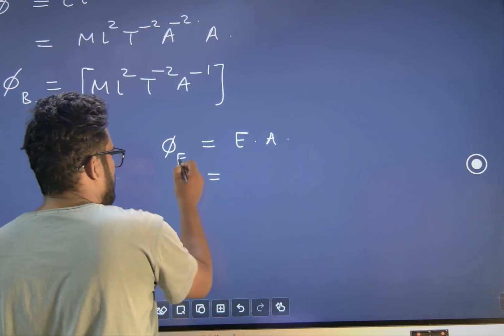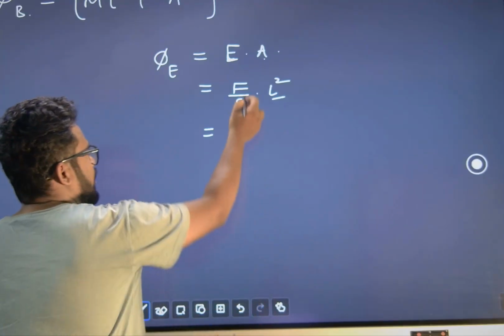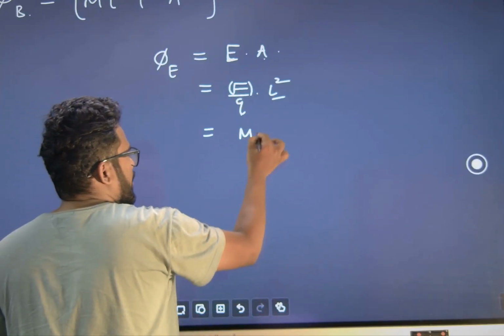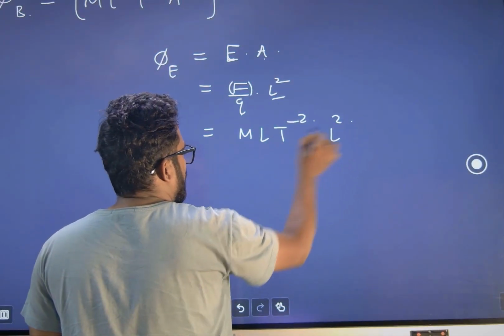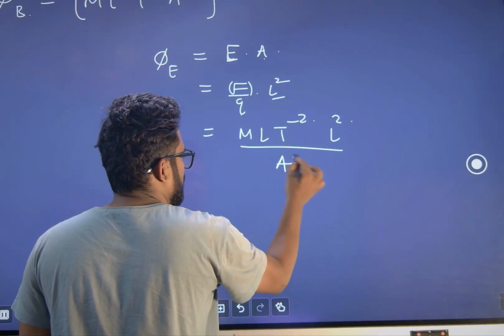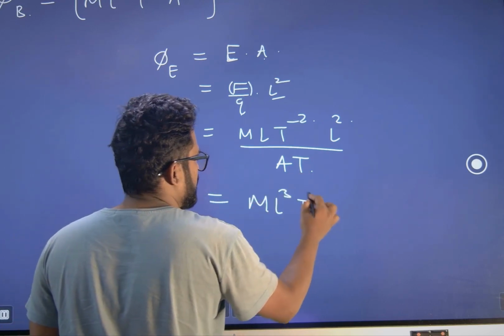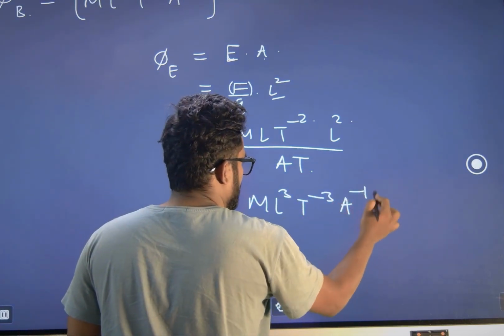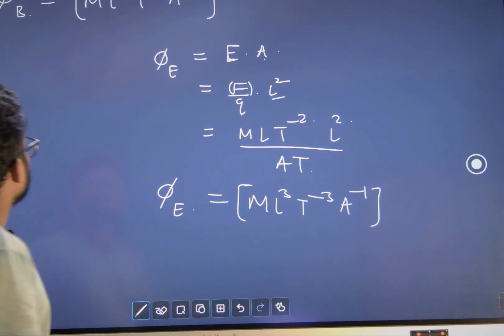Okay, so you can write down the electric flux also. Electric field into area. So force MLT^-2, L^2, charge AT, so it would become ML^3T^-3A^-1. So this is our electric flux.